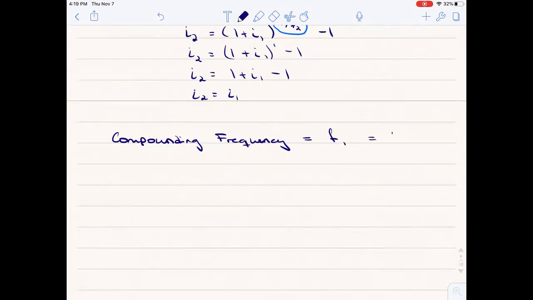Which is our compoundings per year on our calculator. There, I said it, calculator. And our payment frequency, which is going to be our F2. This is always going to be true, which is going to be the payments per year on our calculator.